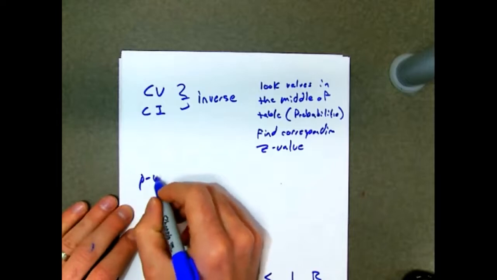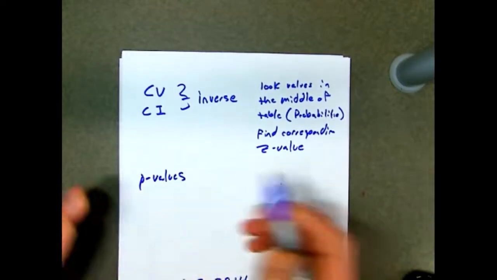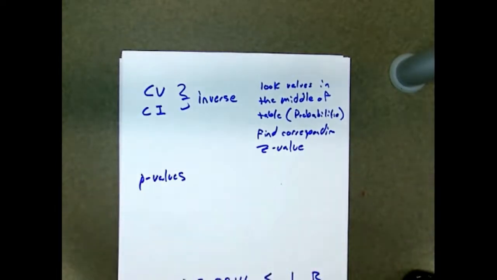If you want to look up p-values, or in different problems, like if you go back to some of those earlier problems, all we're doing is dealing with a normally distributed variable, and you want to find the probability that if you select a person at random, their height is above, I don't know, 73 inches.